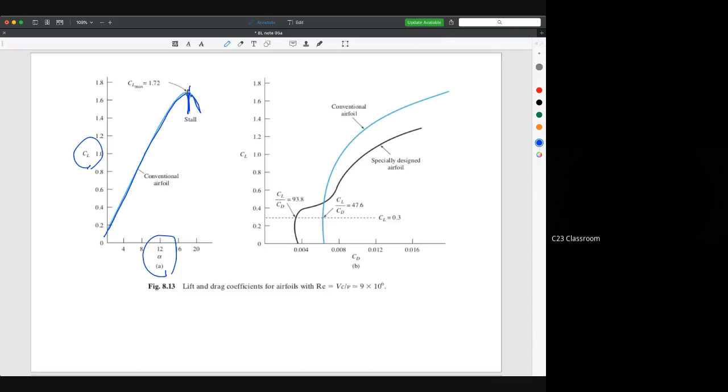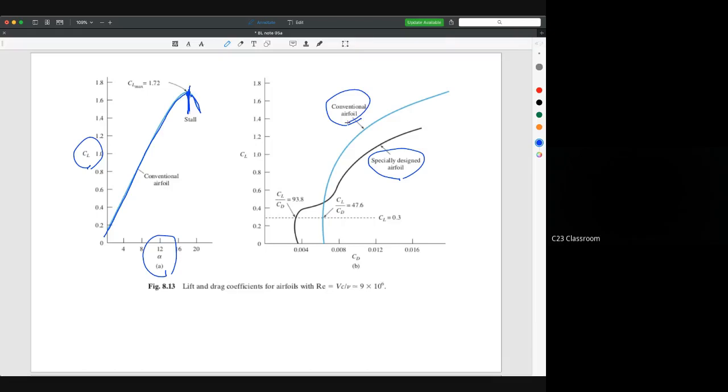It can also be caused by another reason, for example icing, the formation of ice on the wing, which could create a stall at a lower angle of attack. So we have here the specially designed airfoil, and this is the conventional airfoil.